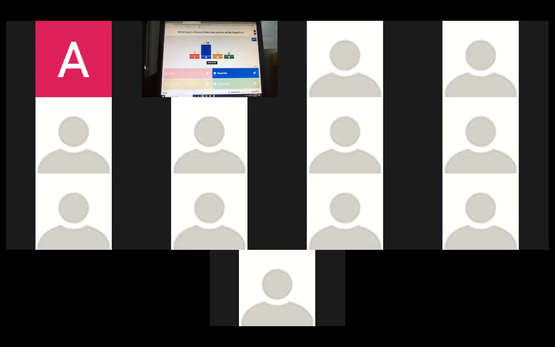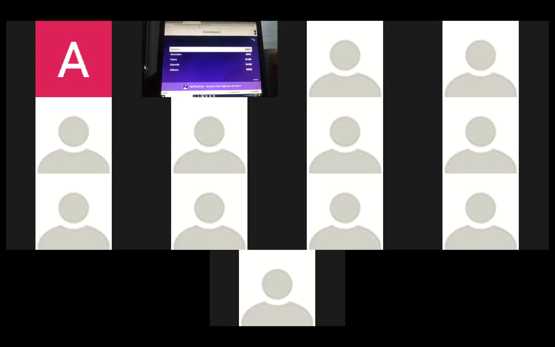Nice, awesome. So peptide bond, very good. Peptide bonds link amino acids together, and that makes a protein. So peptide, protein, I don't know if that's helpful for you, the 2 Ps, but yes, good job. You guys are doing really well.